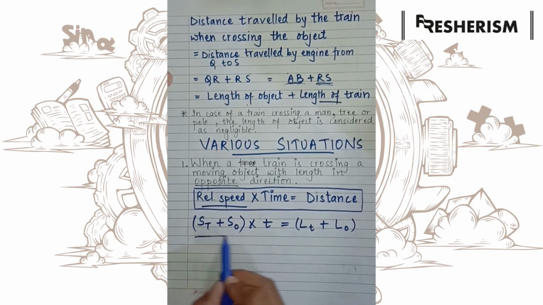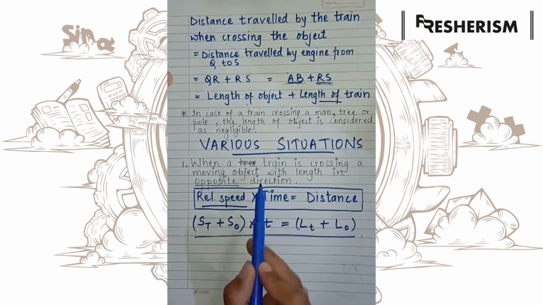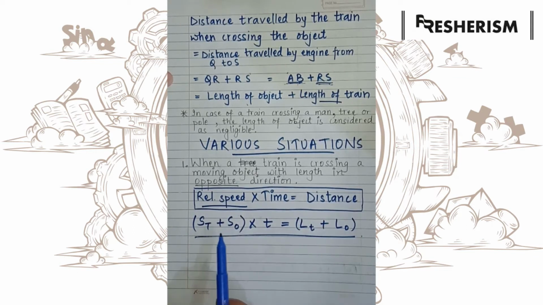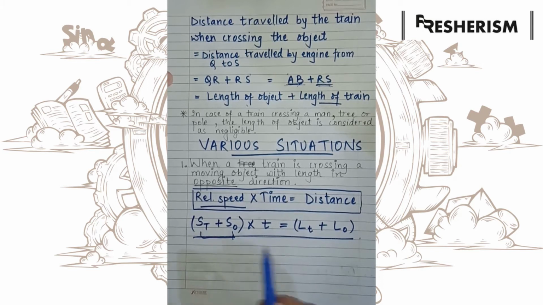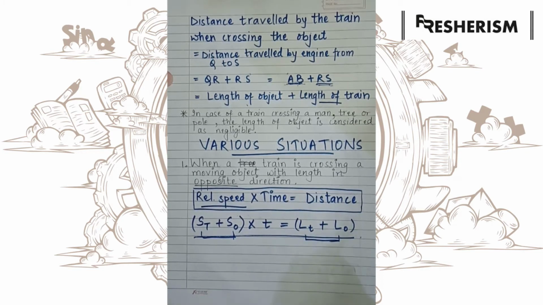So this is the formula we get for this particular situation. That is, the speed of the train plus speed of object multiplied by time taken to cross the object is equal to the length of the train plus length of the object. We know this is the relative speed and this is the distance covered.